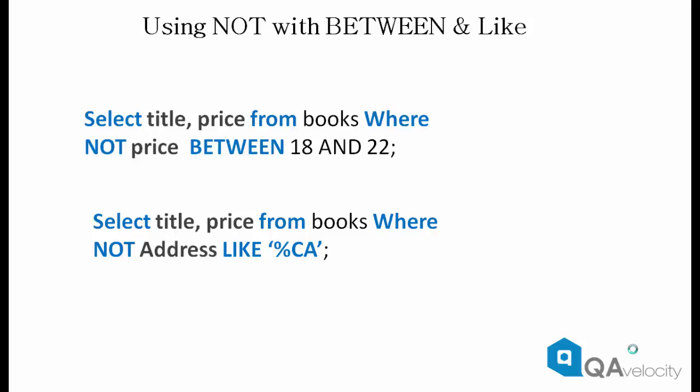Select title, price from books where not price between 18 and 22, it will return a result of all the prices which are not between 18 and 22. And if you see the same with LIKE, select title and price from books where not address like California, it will return a result of all the addresses which are not in California.